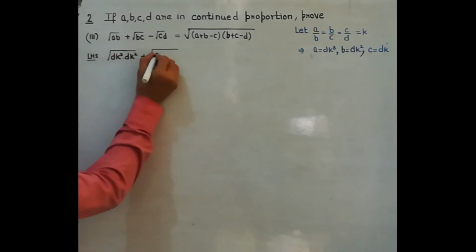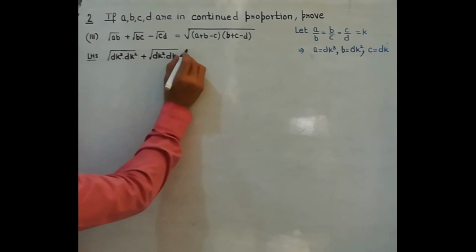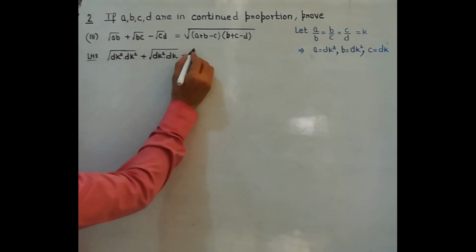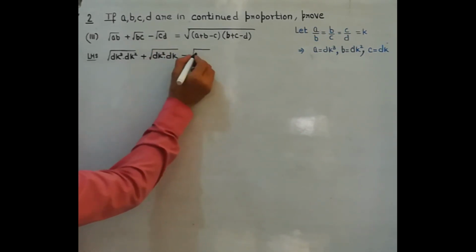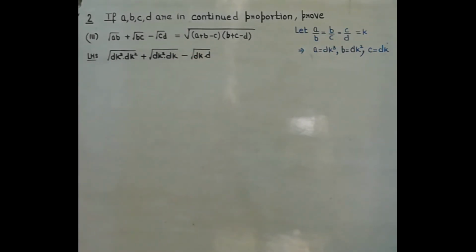In the second, b is dk square and c is dk, and the last root sign is for c. C is dk into d. We have replaced a, b and c. D remains as it is.